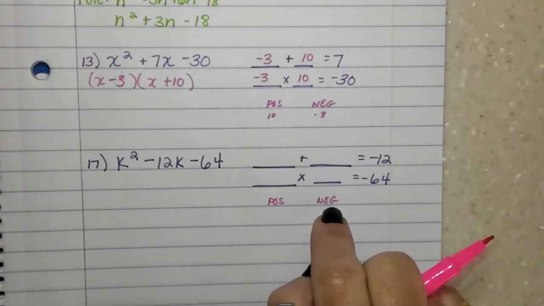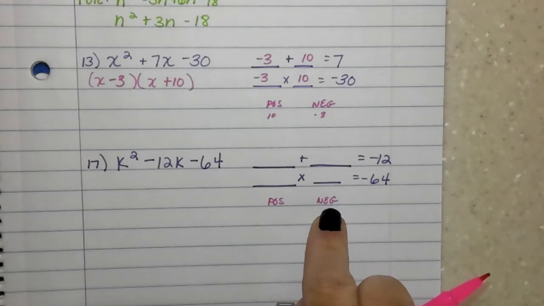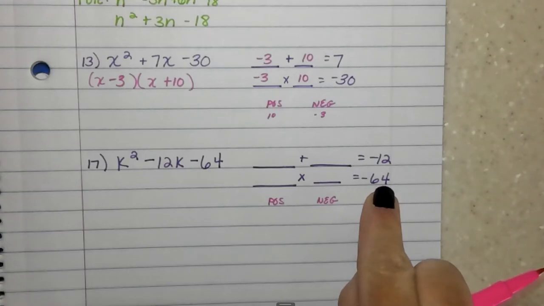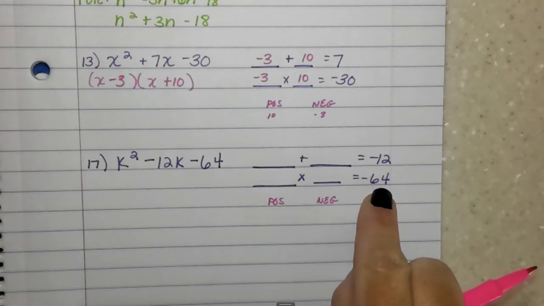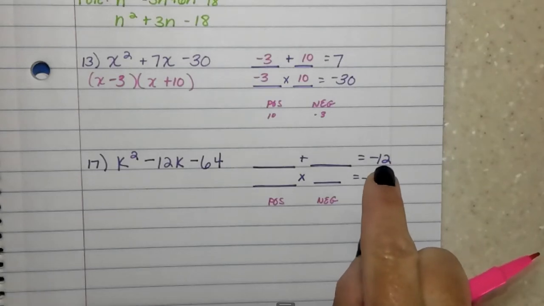All right? So let's consider the factors of 64. Oh boy, there's lots of them. 1 and 64, no. 2 and 32, no. 3 doesn't work. 4 and 16. That would have a difference of 12. That's it.